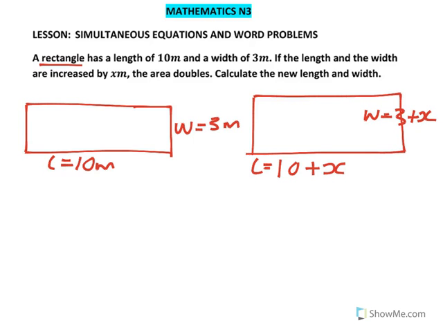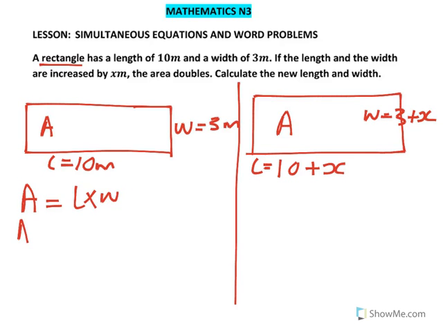Now when you're given like this, they're saying the area doubles. Now let's find the area here. What is the area here and what is the area here? The first area, remember, area is length times width. In the first one, area is equal to 10 times 3, which is equal to 30 meters squared.